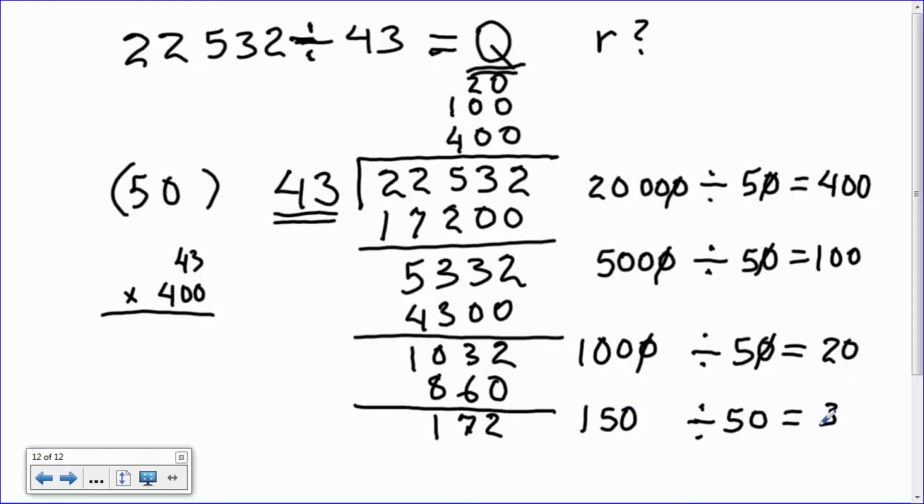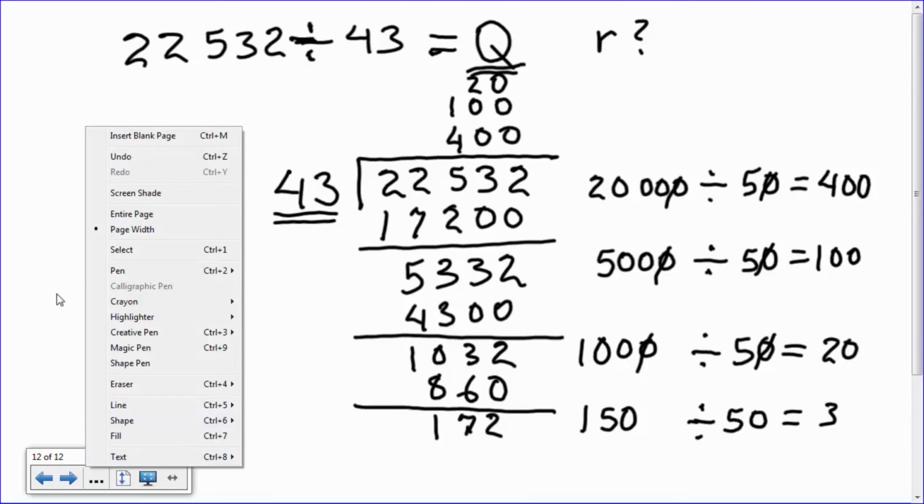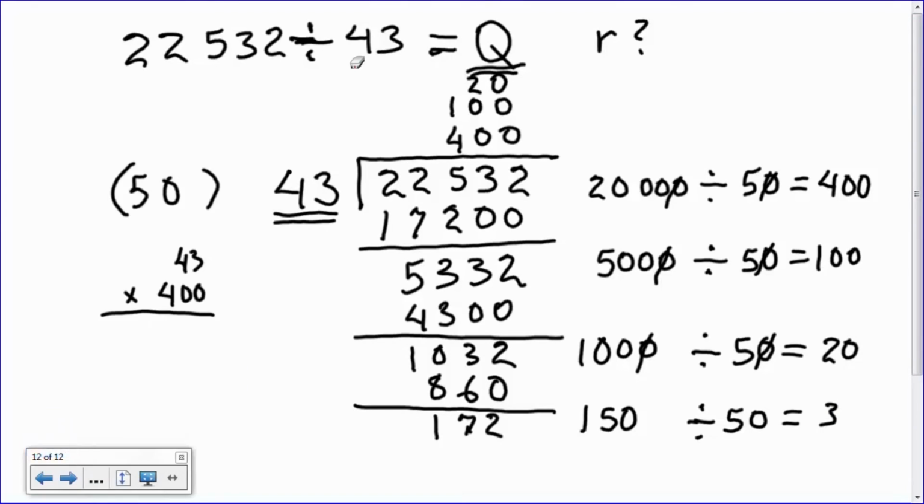Then they'll use 3, and let me make some room up there where that Q is. So I've got 3 from dividing 50 into 150, so I put 3 up here.